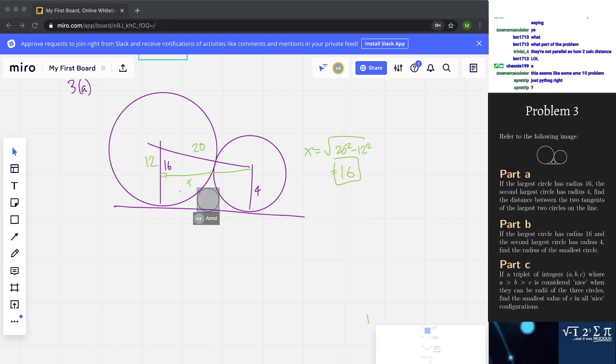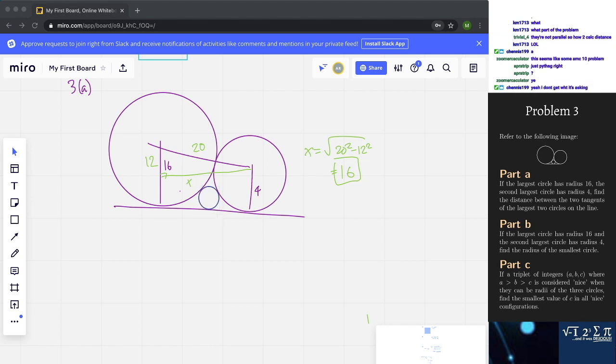Drawing is hard, but we shall pretend that's a good enough drawing. It satisfies everything we want and is close enough to a circle. Yeah, I don't actually understand what this is asking either, because you can do anything. Part C, part B, part A. Yeah, the distance between two tangents is literally Pythag.